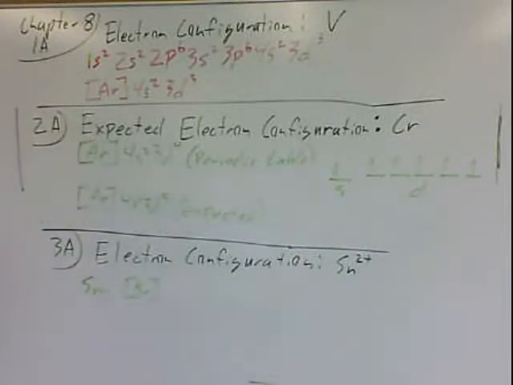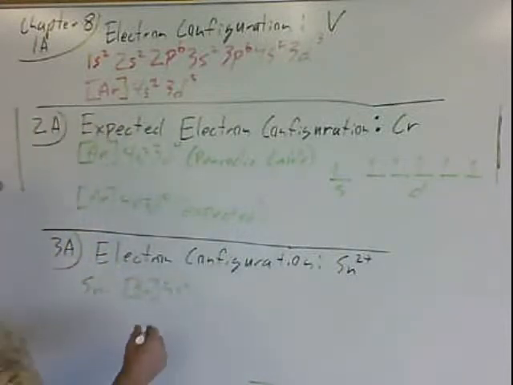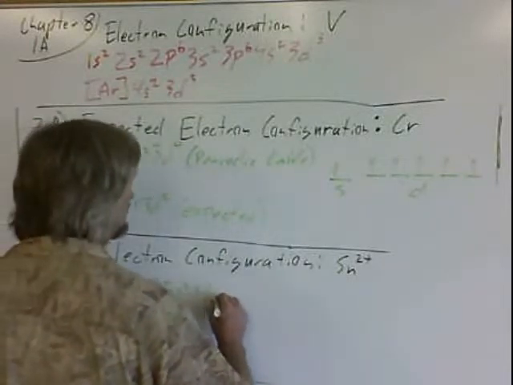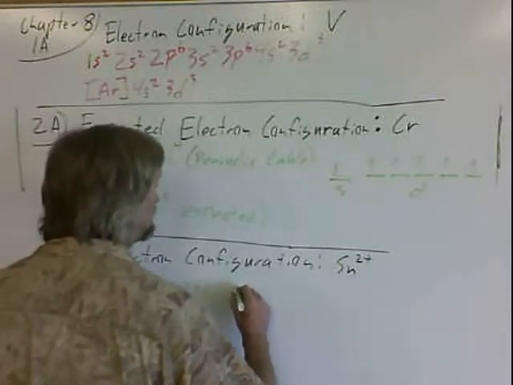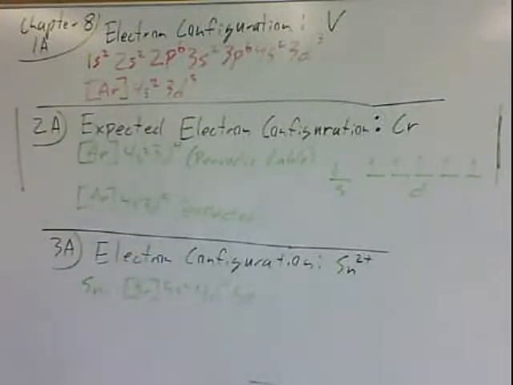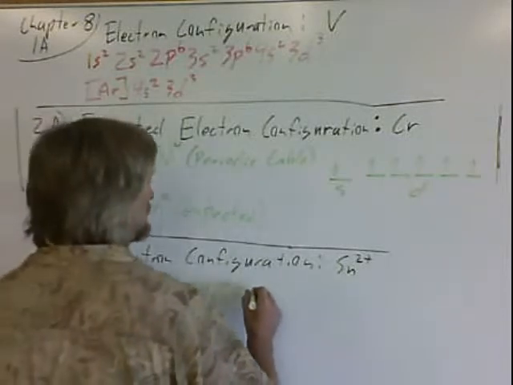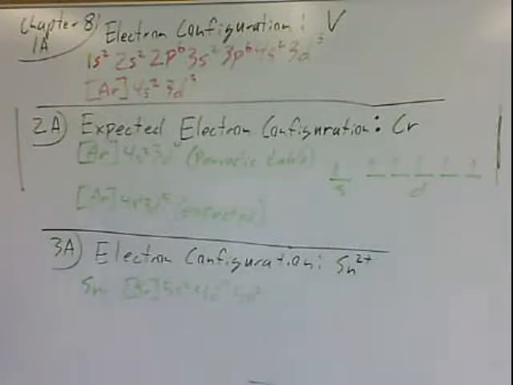Then we go up into period 5 where tin is. So the first two columns are going to be 5s2. Then we hit the D block, and that'll be 4d, and that is completely filled, so 4d10. And then we're up into 5p. And tin is in the second column of the P, so we have 5p2. So this is the neutral element.